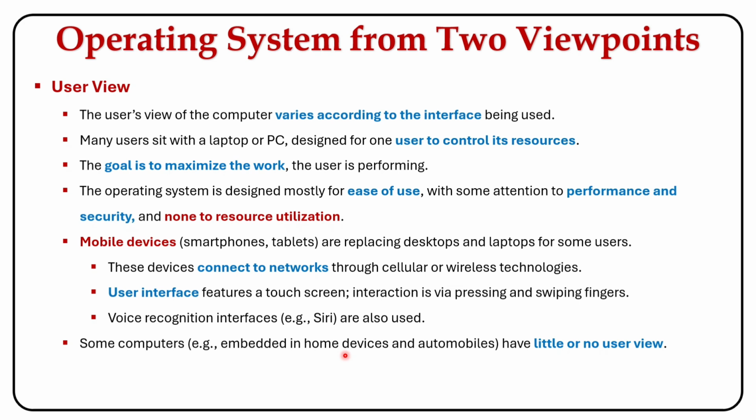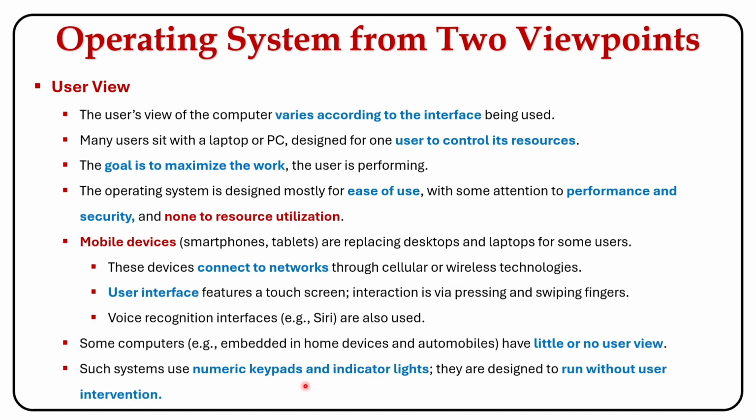So these are home devices and automobiles. These devices usually have simple controls such as buttons and keypads or indicator lights with small displays. Once they are started, they perform their task automatically without continuous user involvement.